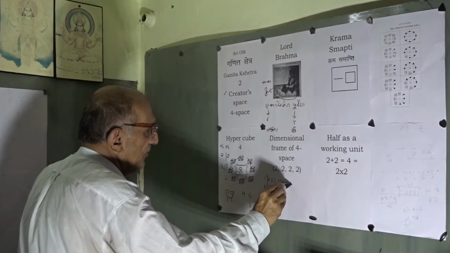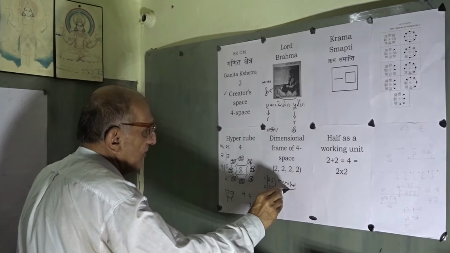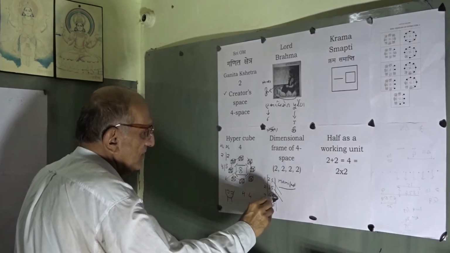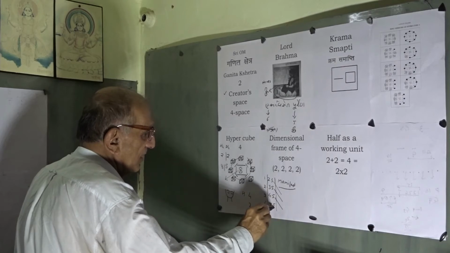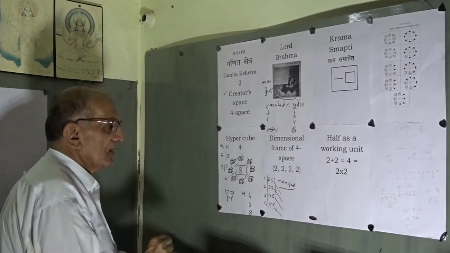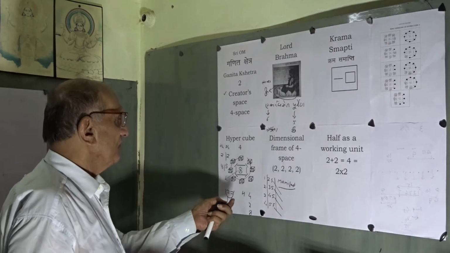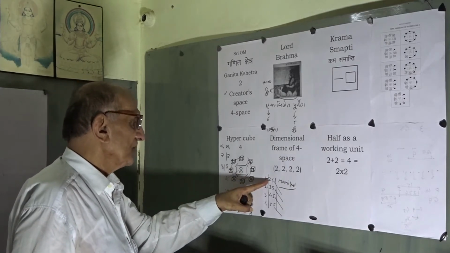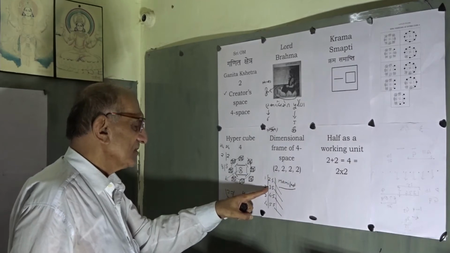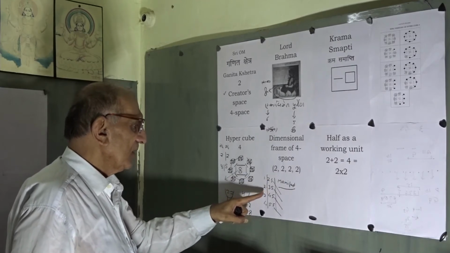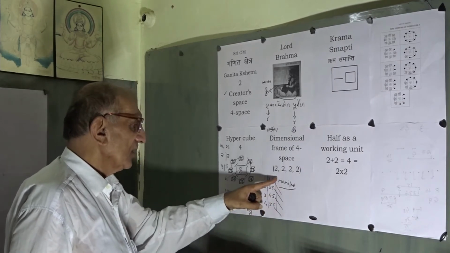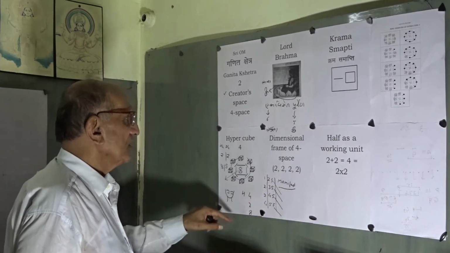So hypercube 4 is of 4 folds. First fold is a dimension, second is boundary, third is domain, and fourth is the origin. The distinctive features are that here 2 spaces playing the role of a dimension, 3 spaces the role of a boundary, 4 space in the role of a domain, and 5 space in the role of an origin.